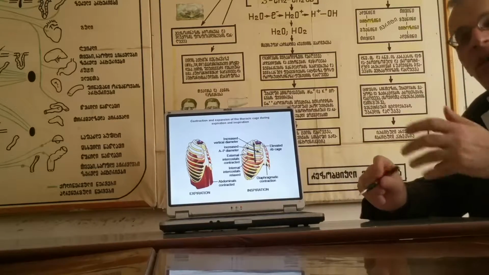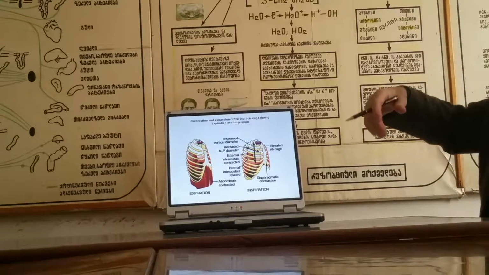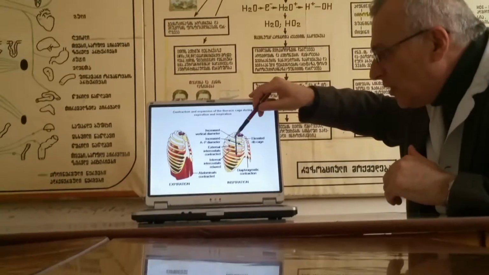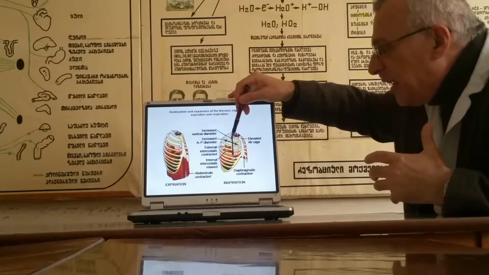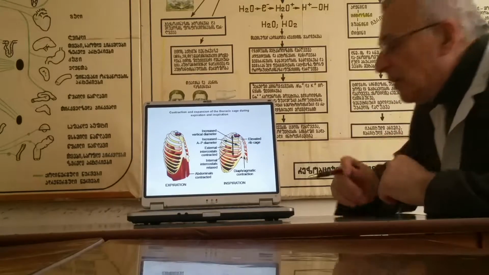Also for deep inspiration, when they contract, the chest cage also increases in the anterior-posterior direction.